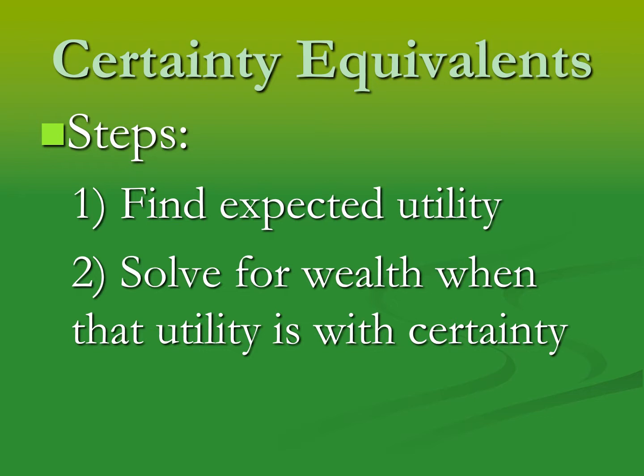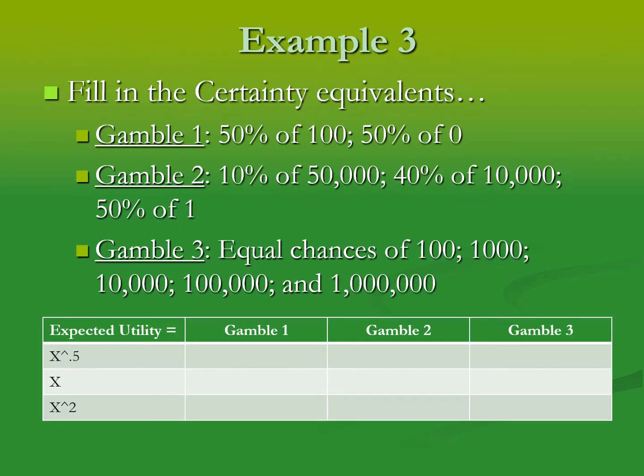So here's a big list of potential certainty equivalent calculations that we can do, and we'll run through some of them. This list of payoffs comes from Brian Kaplan's notes on information economics, and it asks us to come up with the certainty equivalents for 3 different gambles with 3 different utility functions. We're going to look at gamble 1 with a certain utility function and fill in the chart that corresponds to that.